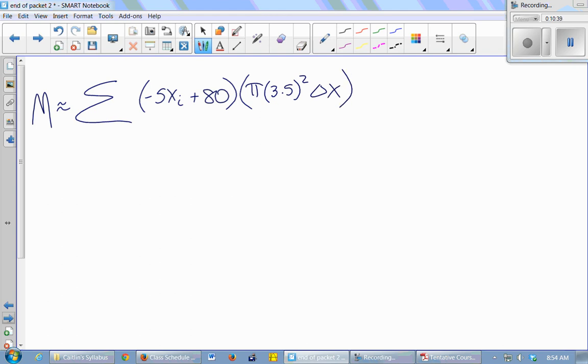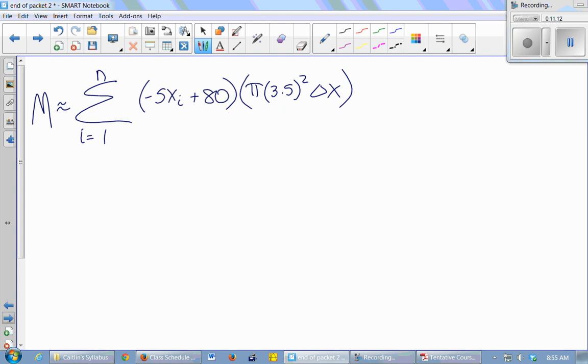Okay, so my mass is just going to be a sum of all these slices, right? Each slice is at some height x sub i, so when you take i going from 1 to n, you're going to use n slices, and then I let n go to infinity, this sum becomes what? Yep, the limit as n goes to infinity of a sum becomes what mathematical object that we've been studying all semester?